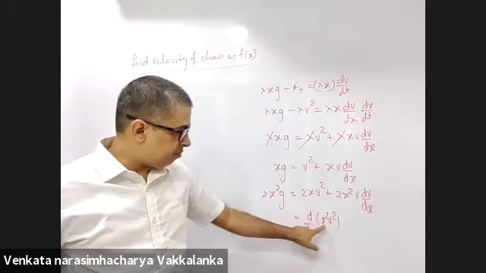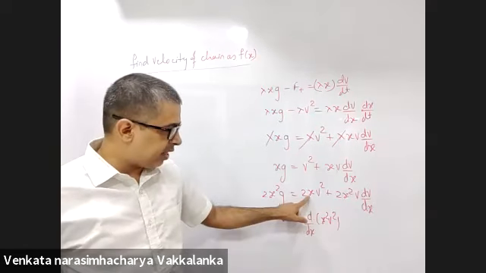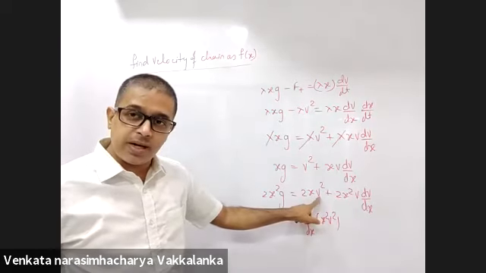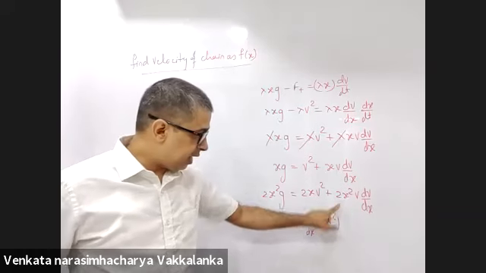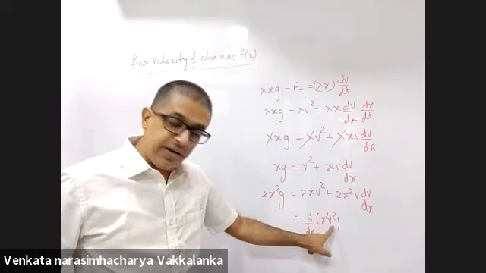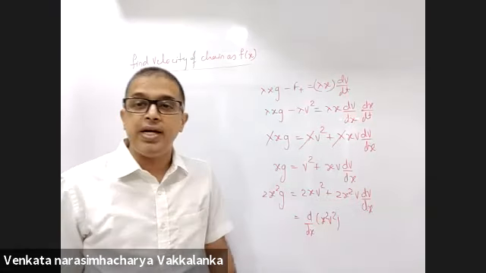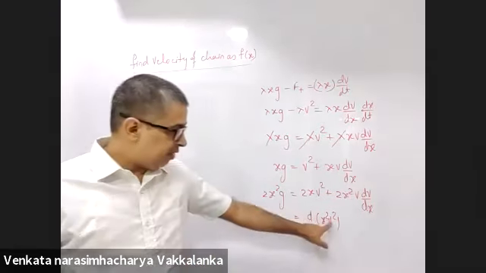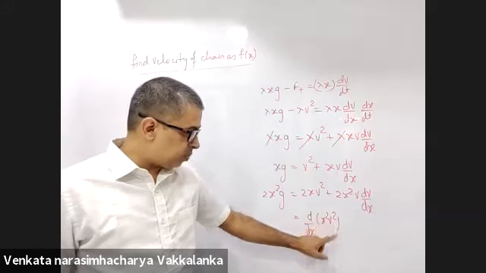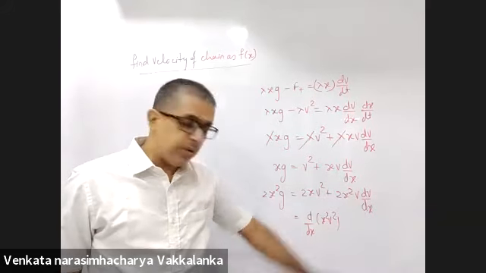U into v. First I differentiated x square, it is 2x. I kept v square as it is. Then I kept x square as it is and differentiated v square with respect to x. It will become 2v dv by dx. Differentiation of v square with respect to x is 2v into dv by dx.